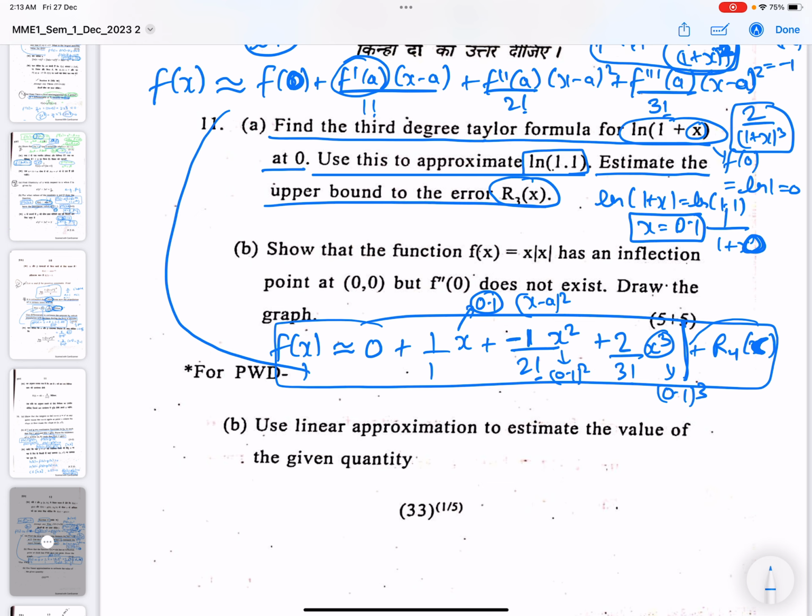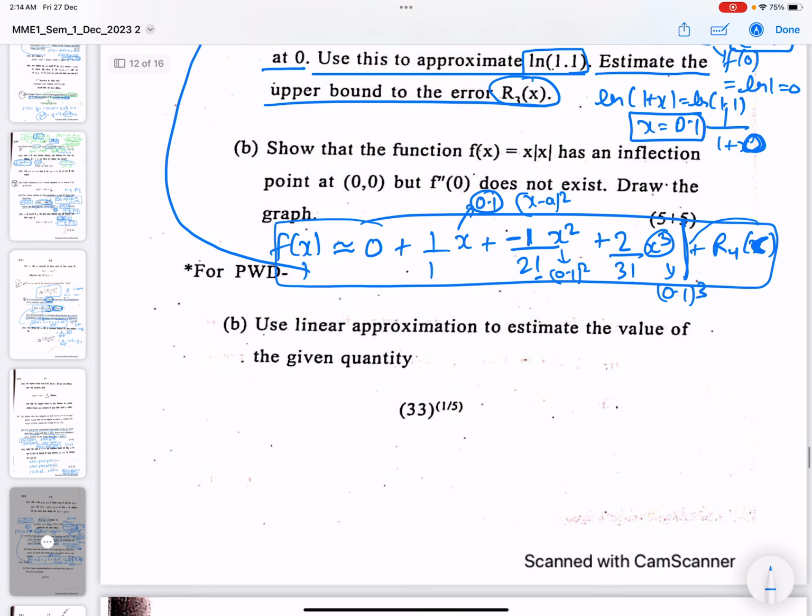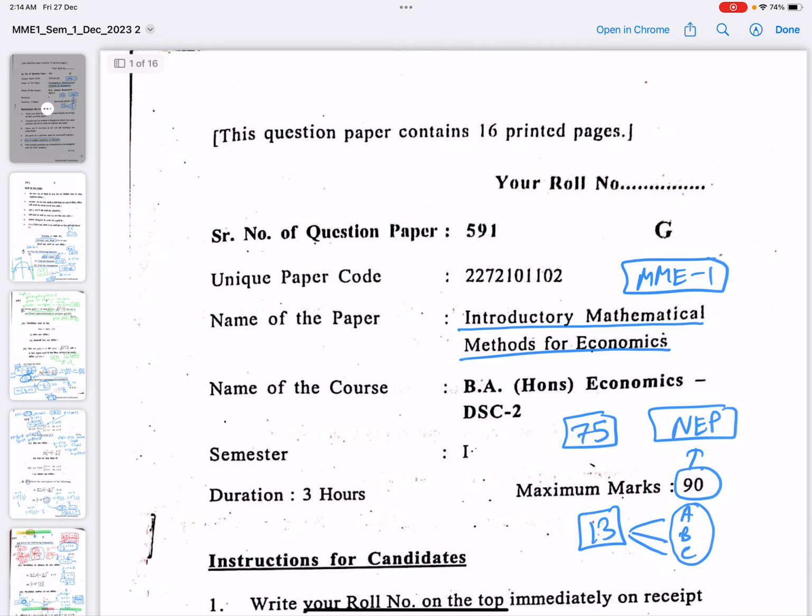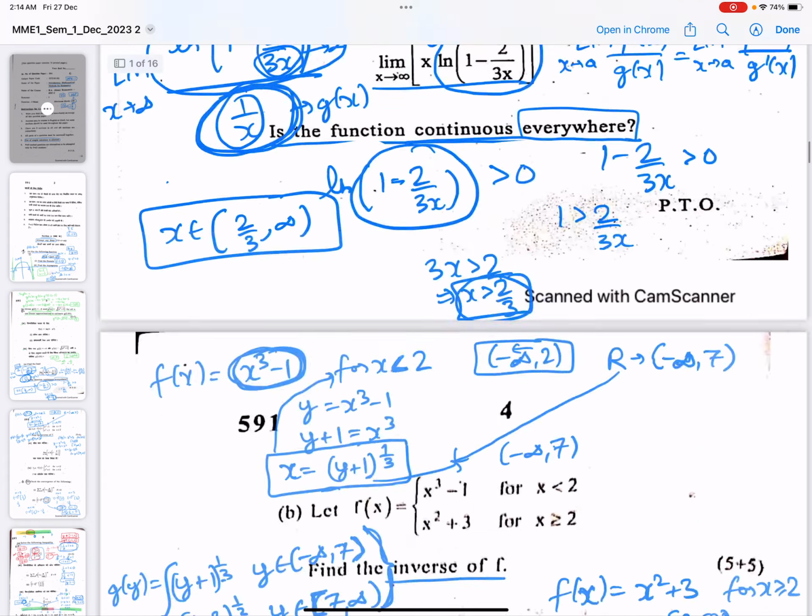You can use the calculator to solve this. You will find 0.1 minus 1 into 0.1 square upon 2 plus 2 by 6 into 0.1 cube. So this value would come out to be close to 0.0953. So this would be the approximation.